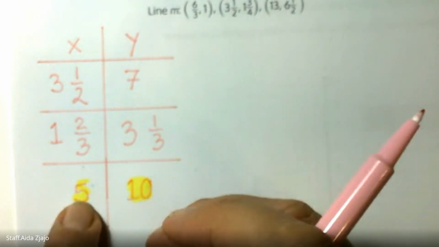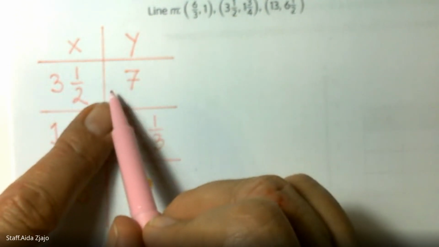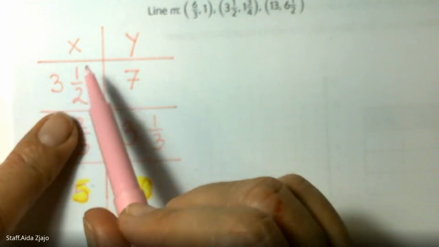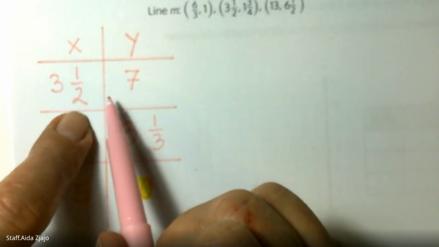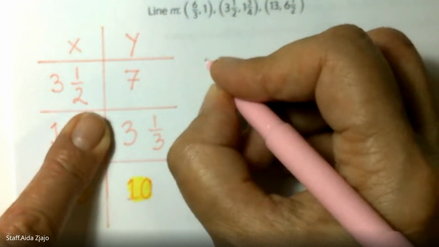So 5 times 2 makes 10. Does 3.5 times 2 make 7? I can think of 3.5 twice, so 3.5 plus 3.5. That would be easy to figure out.